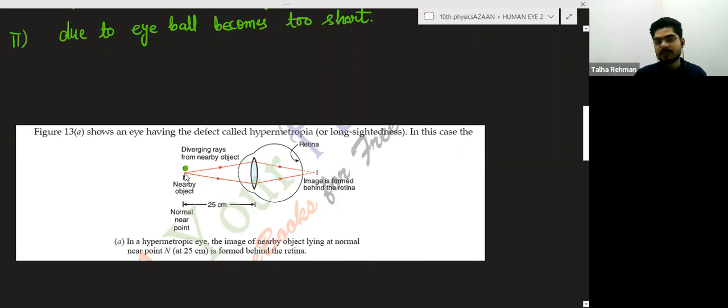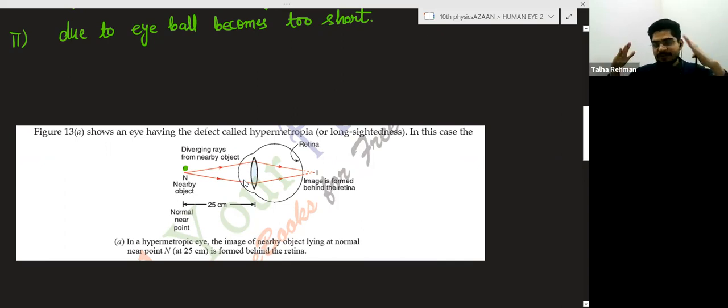So in this case, what will happen now? You know that the converging power of this eye lens becomes weak, or you can say converging power becomes small, and this is the nearby object. From the nearby object, what type of rays will be there? Diverging rays.